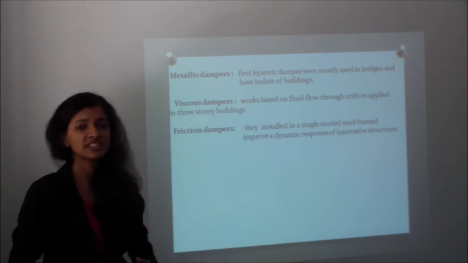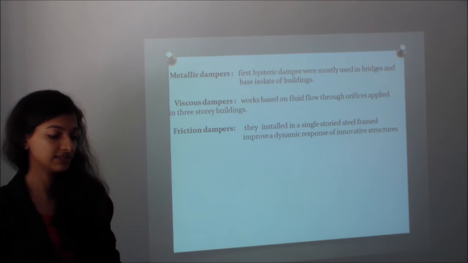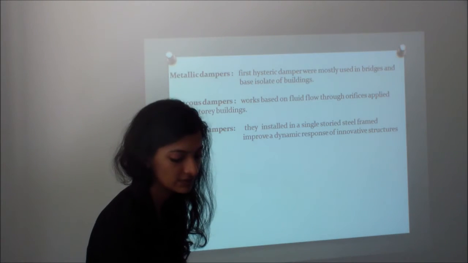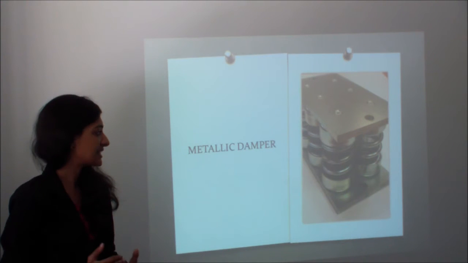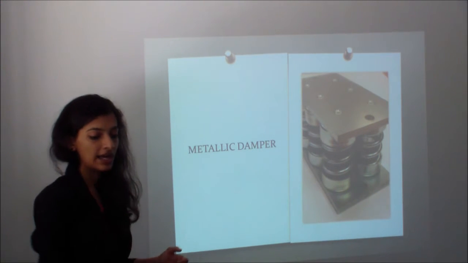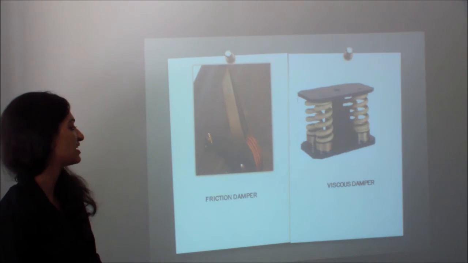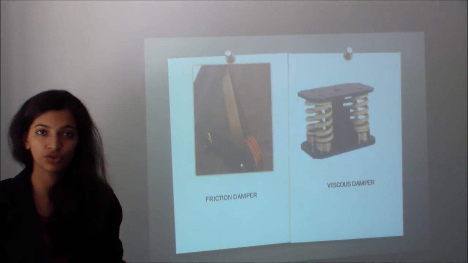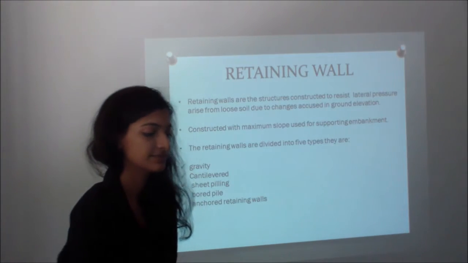Friction dampers are used in single storied steel frames and other structures. This picture shows the metallic damper, and this is a typical picture showing a friction damper as well as a viscous damper used for controlling seismic vibration.